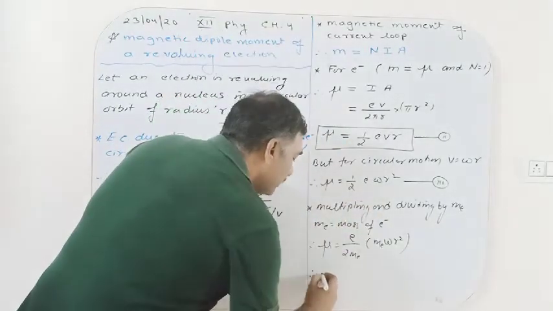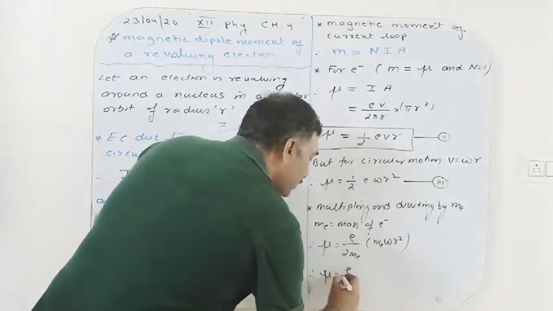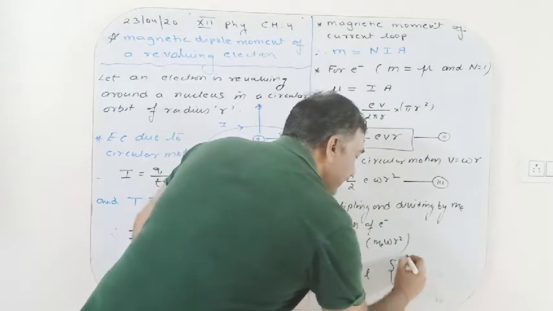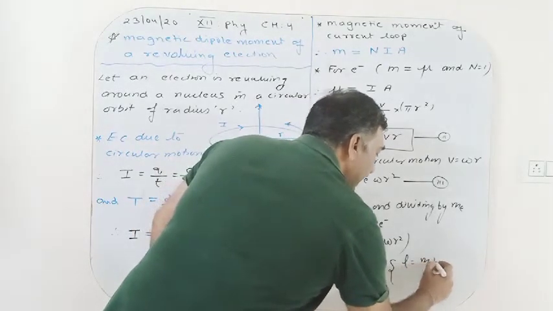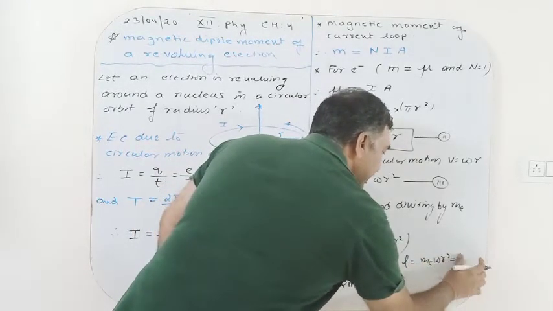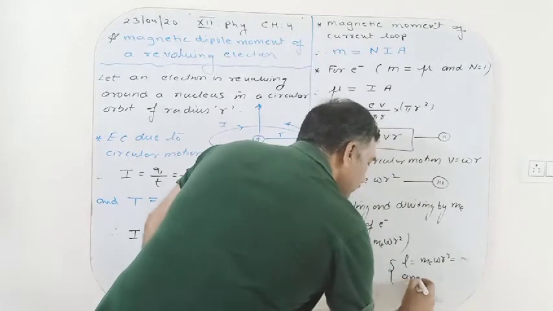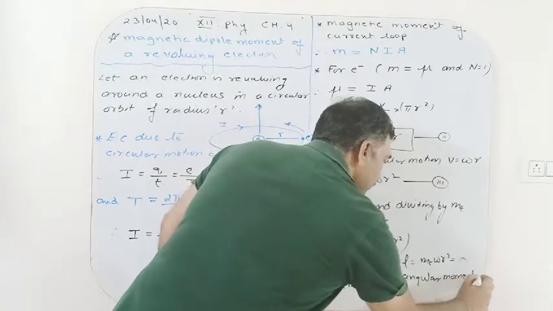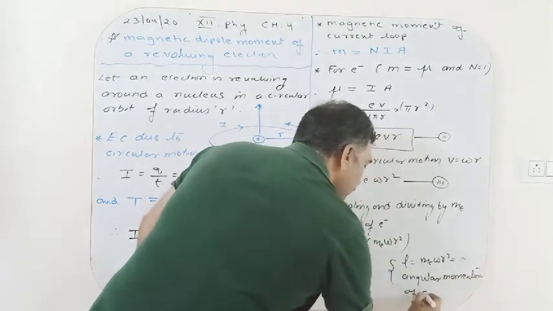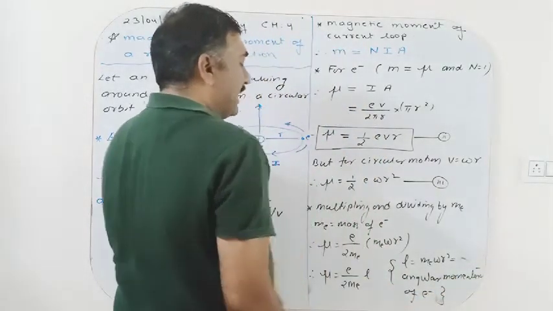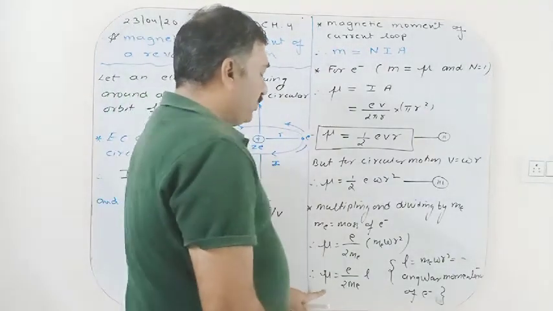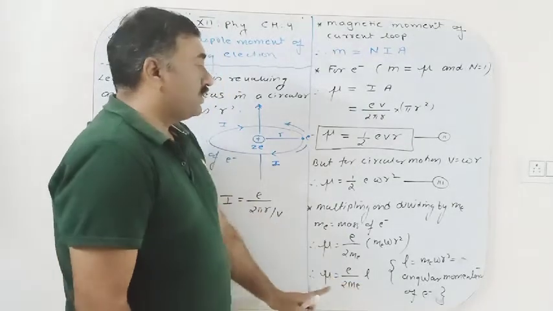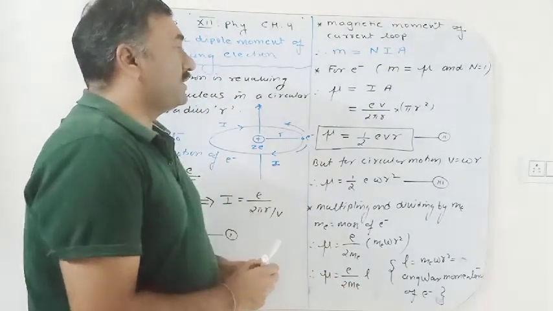So mu becomes E divided by 2 ME into L, where L is equal to ME omega r square, known as the angular momentum of the electron. So mu is equal to E divided by 2 ME into L. Write down this first.